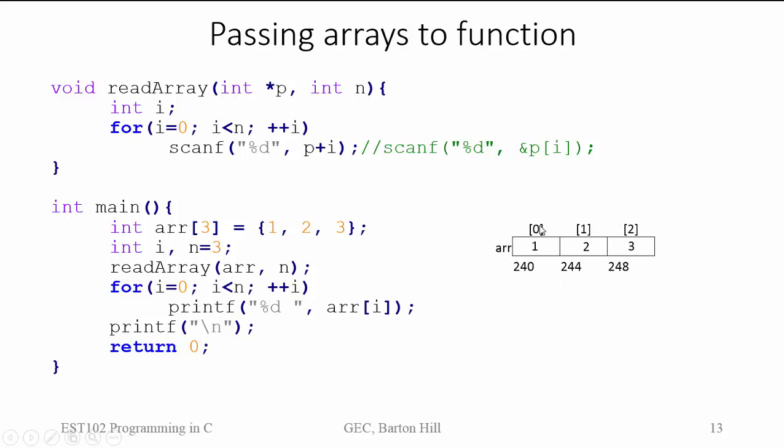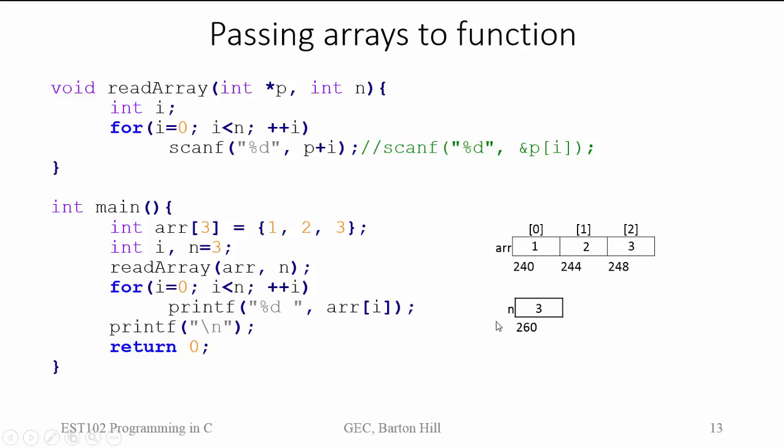So ARR of 0 will have 1, ARR of 1 will have 2, and ARR of 2 will have 3. Then I have declared I and n, so memory will be allocated for both. I am just showing the memory allocated for n for the time being.